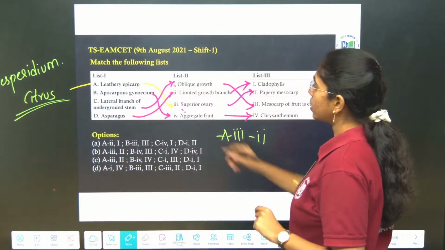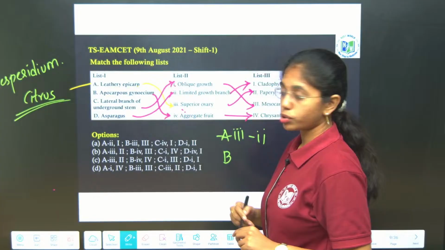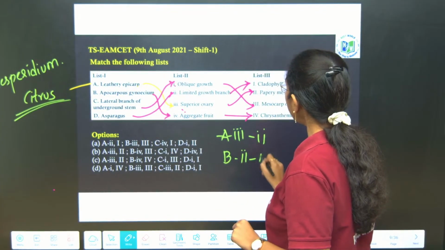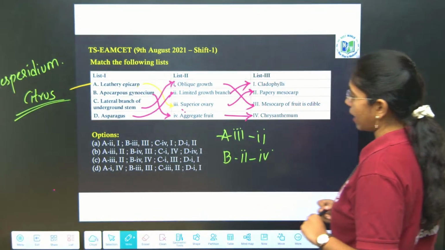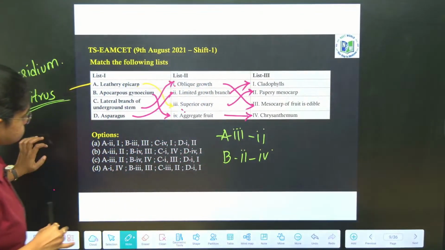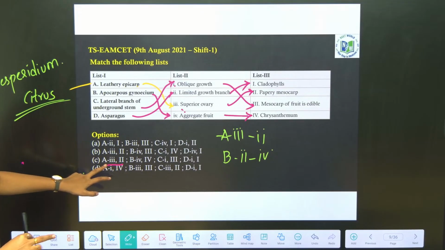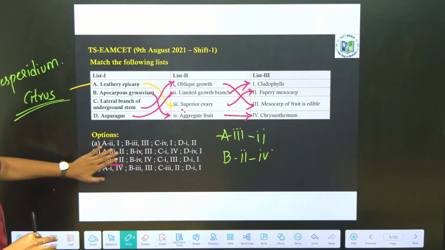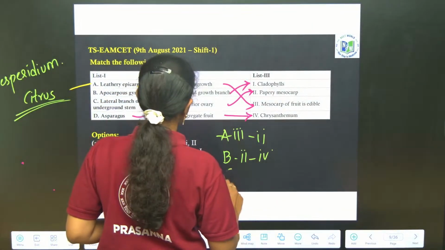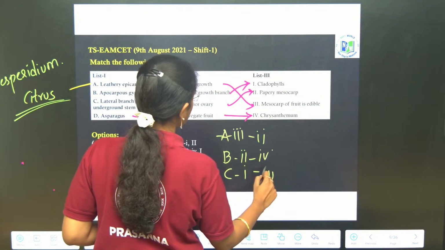Next, B, apocarpous gynoecium, observed in aggregate fruits. Chrysanthemum is the example. Lateral branch of underground stem, oblique growth, and mesocarp is fleshy.